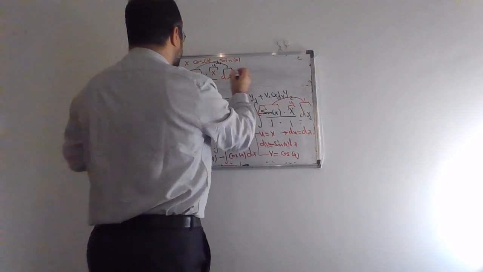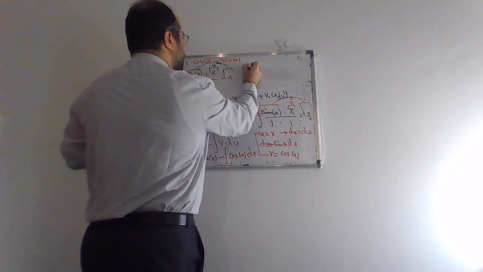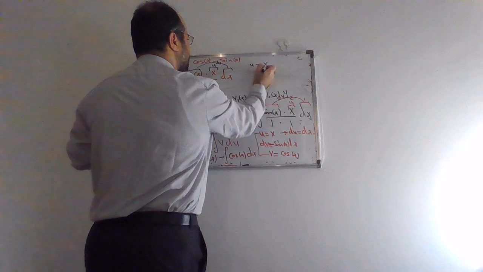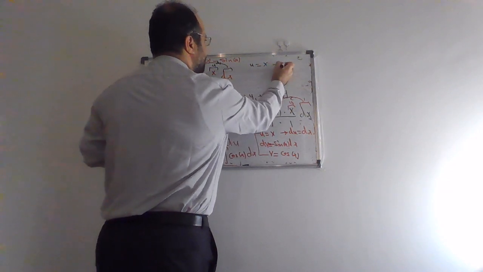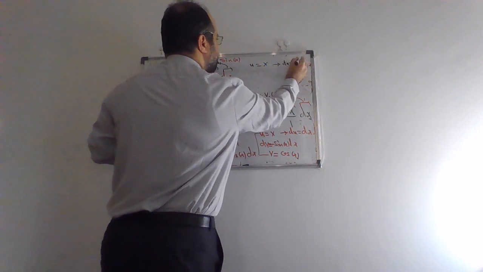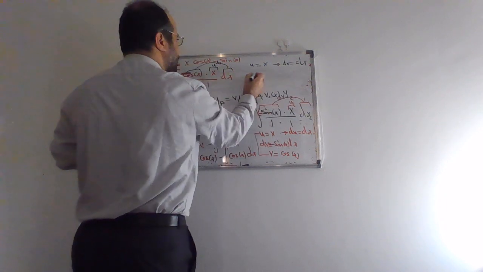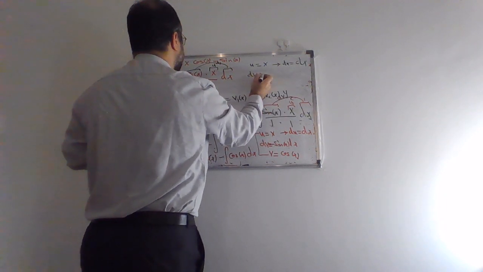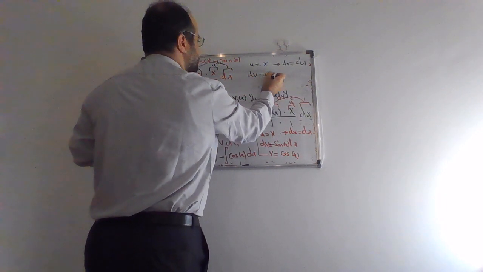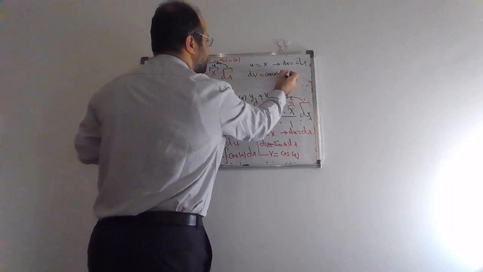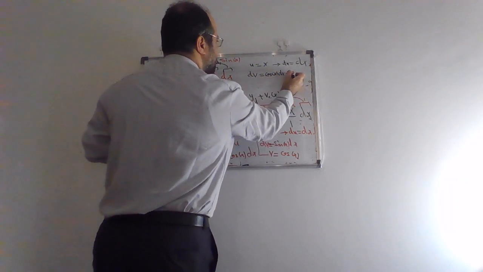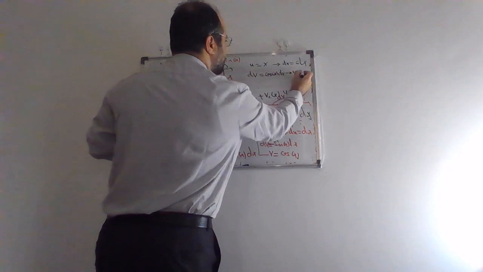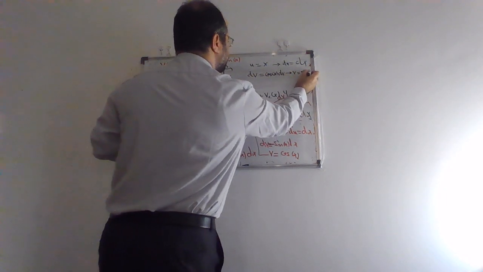And from this I can write here that u is x, then du will be dx, and dv is just cosine x times dx, and then from this you get v equal to sine x, right?